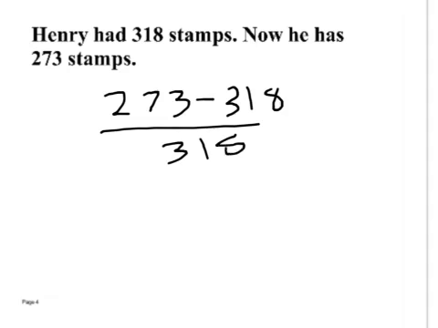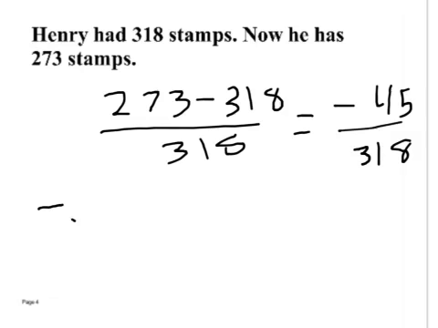So I take 273 minus 318, I get negative 45. So the amount of change was a negative 45. He lost 45 stamps. I take negative 45 divided by 318, I get negative 0.142.